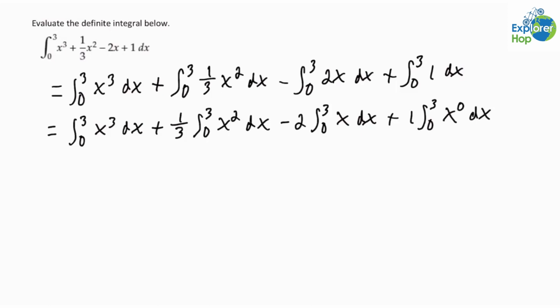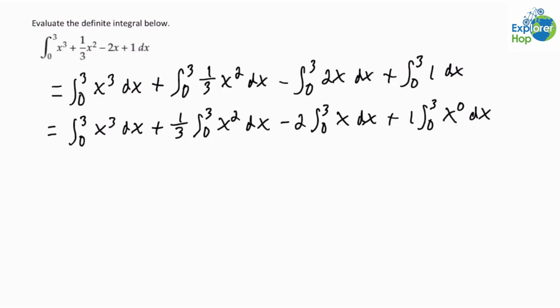And now we apply the reverse power rule to find the antiderivative of each term, and then apply the fundamental theorem of calculus to evaluate each antiderivative from 0 to 3.